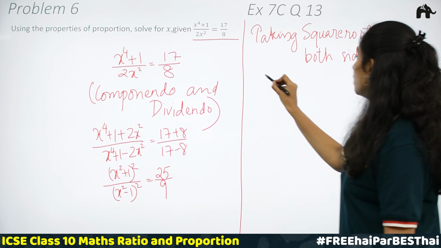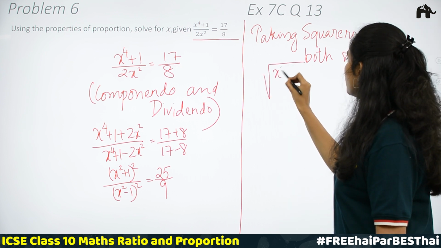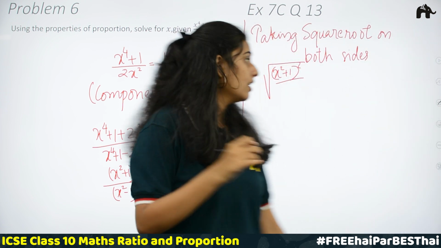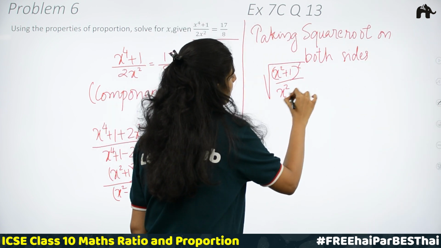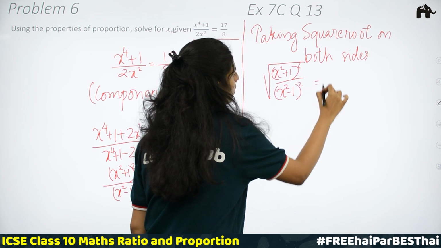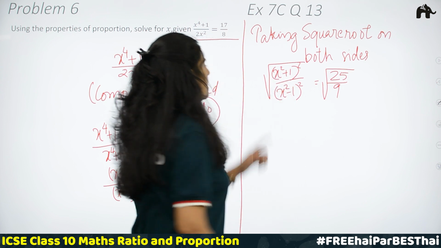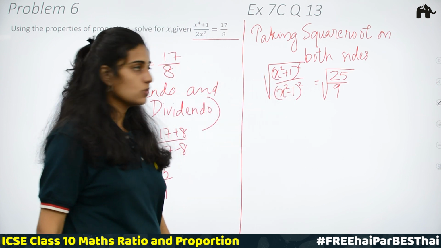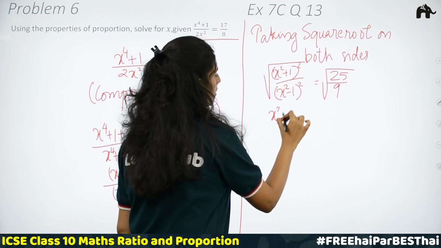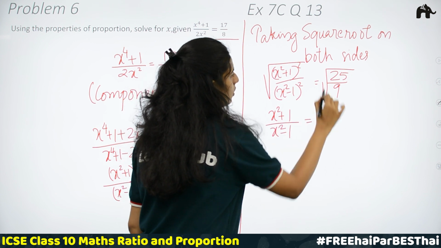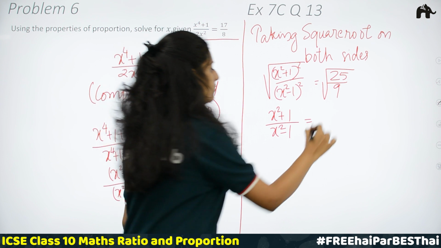Then we get root of x square plus 1 whole square divided by x square minus 1 whole square is equal to root of 25 by 9. That is, we can cancel this root and square. We get x square plus 1 divided by x square minus 1 is equal to root 25 is 5, root 9 is 3.